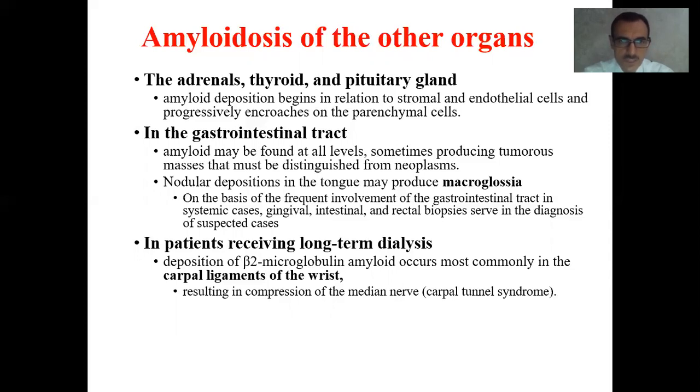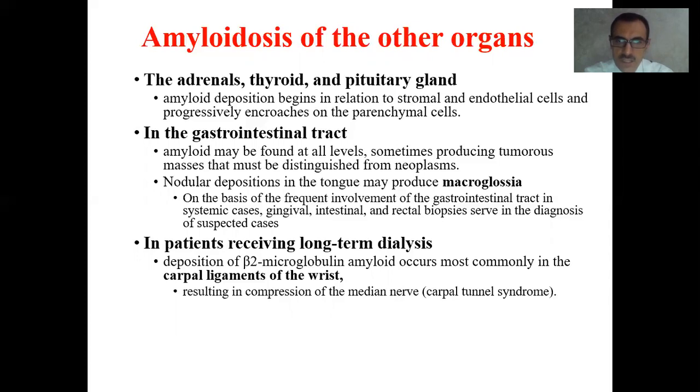Nodular depositions in the tongue may produce macroglossia. On the basis of the frequent involvement of the gastrointestinal tract in systemic cases, gingival, intestinal, and rectal biopsies serve in diagnosis of suspected cases.